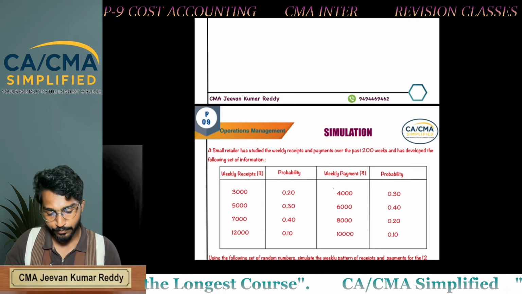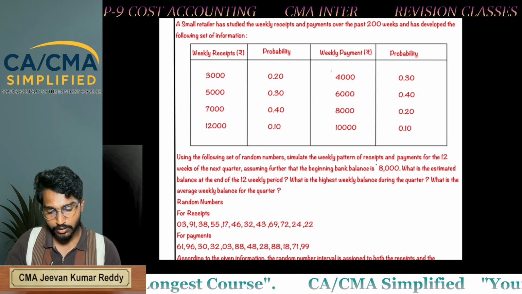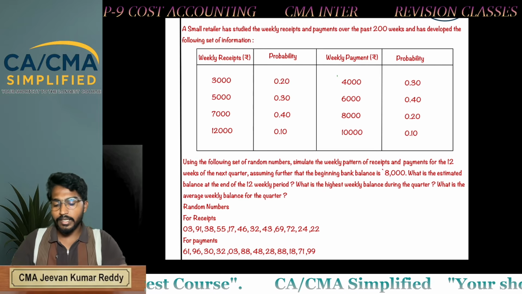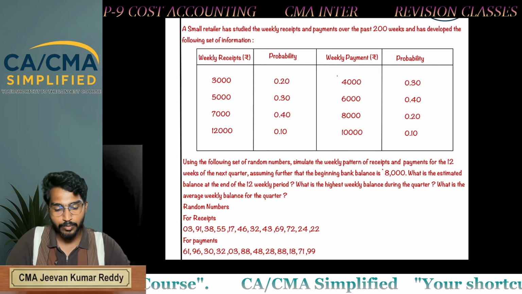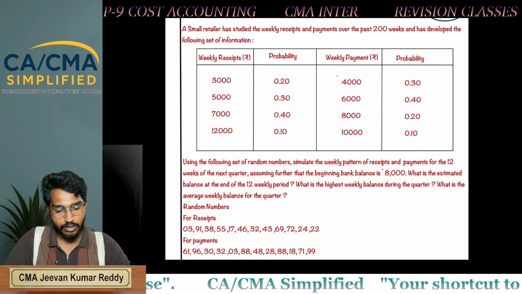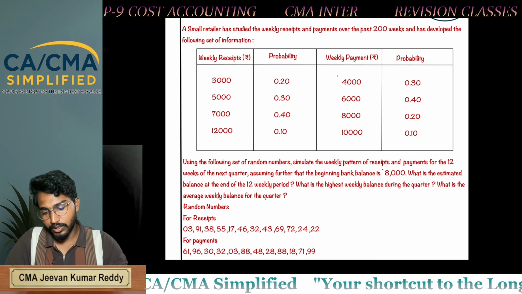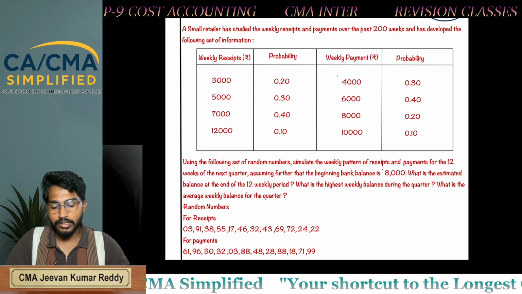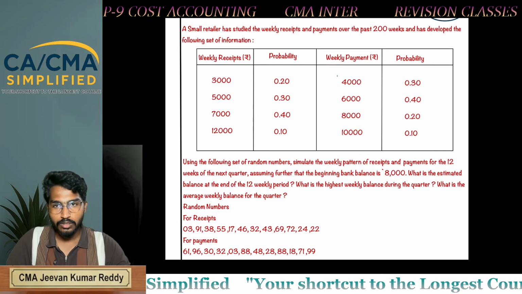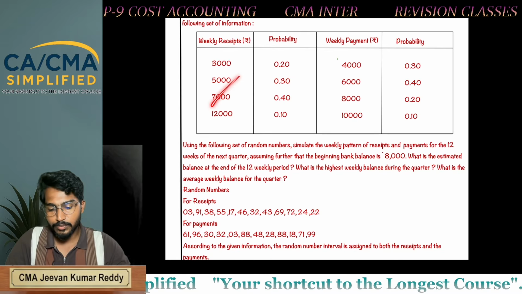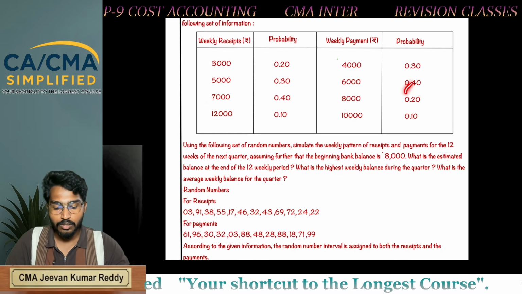Next question. A small retailer has studied the weekly receipts and payments over the past 200 weeks and has developed the following set of information. So the retailer has studied the data for the past 200 weeks and given weekly receipts and their probability, weekly payments and their probability.